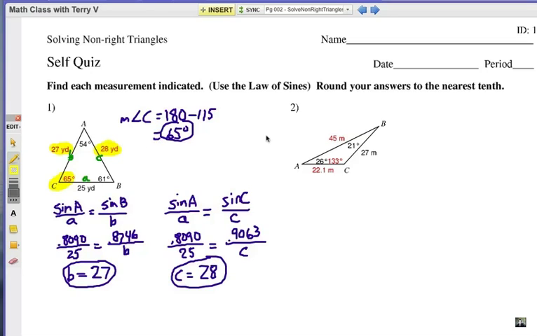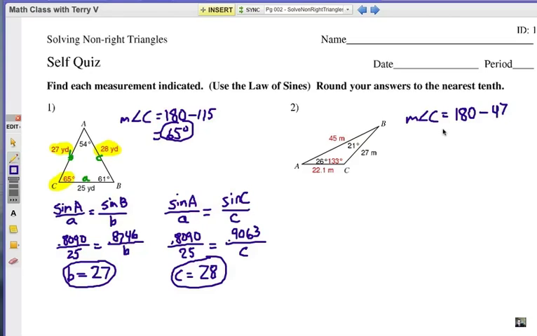There you go. All right, problem number 2. Let's see where we get these answers. Again, a good strategy is if we already know two angles of the triangle, let's go ahead and find that third angle, which is going to be angle C. So the measure of angle C is going to be 180 degrees, that's all three angles added up together, of course, minus 26 plus 21, which is 47.